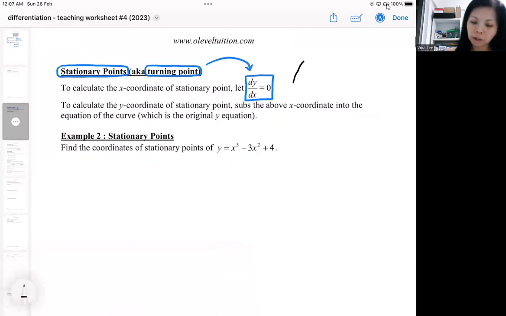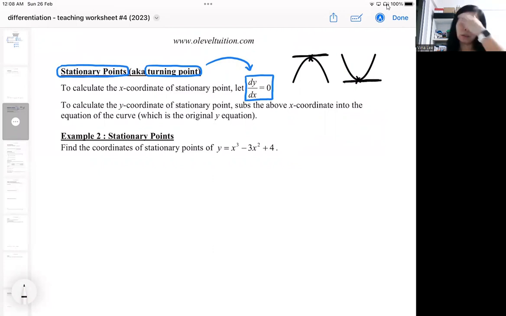Because stationary point can either be a maximum point, so this is the turning point. The turning point can be the highest point and the lowest point. And every turning point, if you try to draw a tangent, it is actually horizontal. If you try to draw a tangent on the highest point or the lowest point, it will end up horizontal.